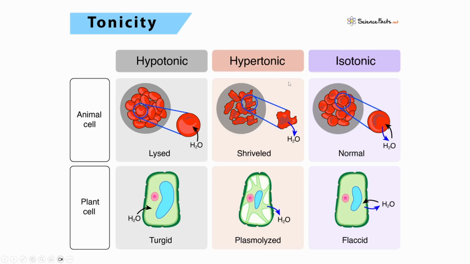Ideally, we would really like to have this normal in and out, where any cell that we're talking about would have a relatively equal flow of water out of the cell as there is water flowing into the cell. But that's not always possible. If the concentrations are different, you might get the cells inflating, where water is rushing into the cell so much that it might actually pop. Or water might be rushing out of the cell so much that it shrivels up like a raisin.